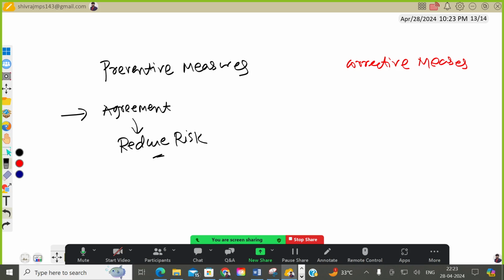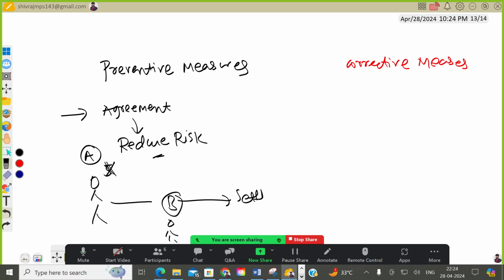Let's take one condition to understand this. You have signed a contract with, let's say, B. When you sign the contract there is no liability, but at the time of settlement, a liability has been created.